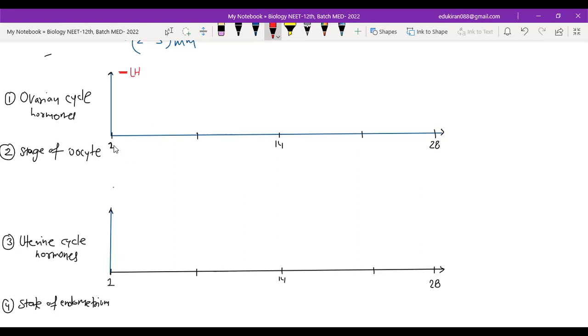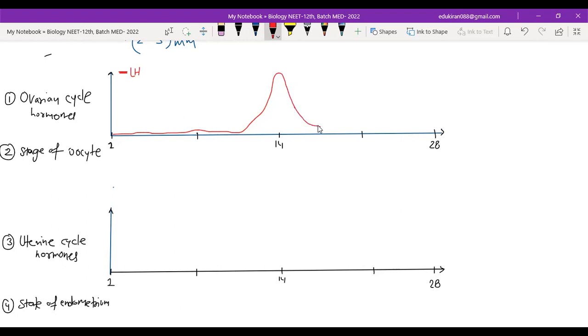And what is the stage of oocyte? The level of LH stays very low throughout the ovarian cycle, and it only rises and reaches the peak at day 14, because it helps in ovulation.